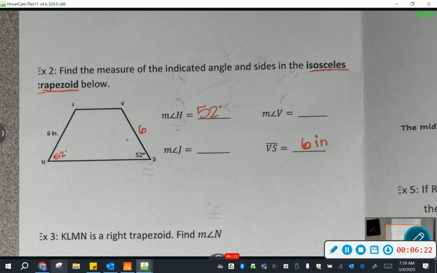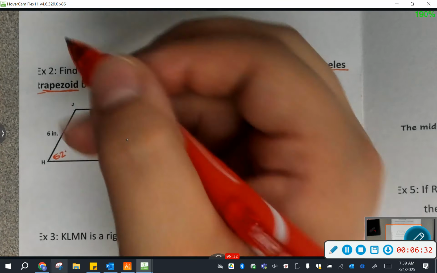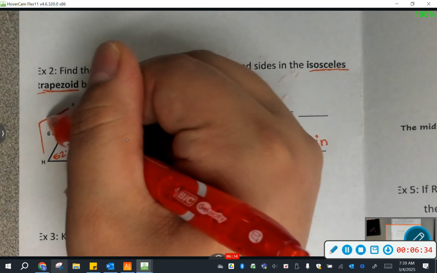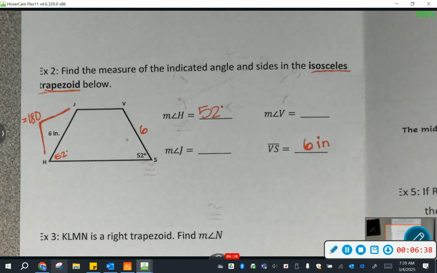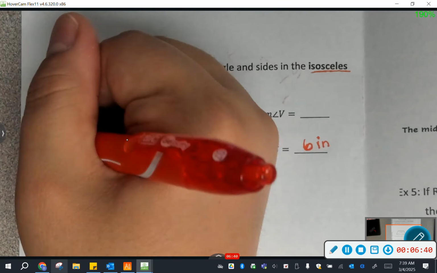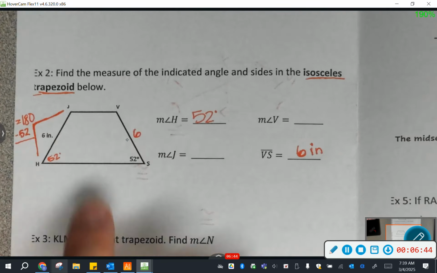How do I find J and V? You add them or subtract them? Not quite. Well, you just subtract them from 180. What do we know about J and H? They equal 180. So what can I do to find it? Minus 52. Just like we did right here. Same concept. It's still a trapezoid.